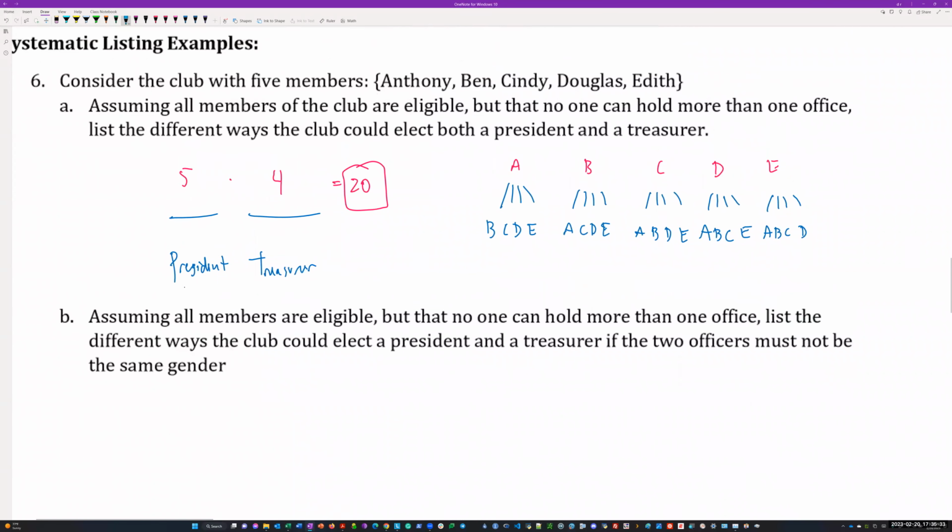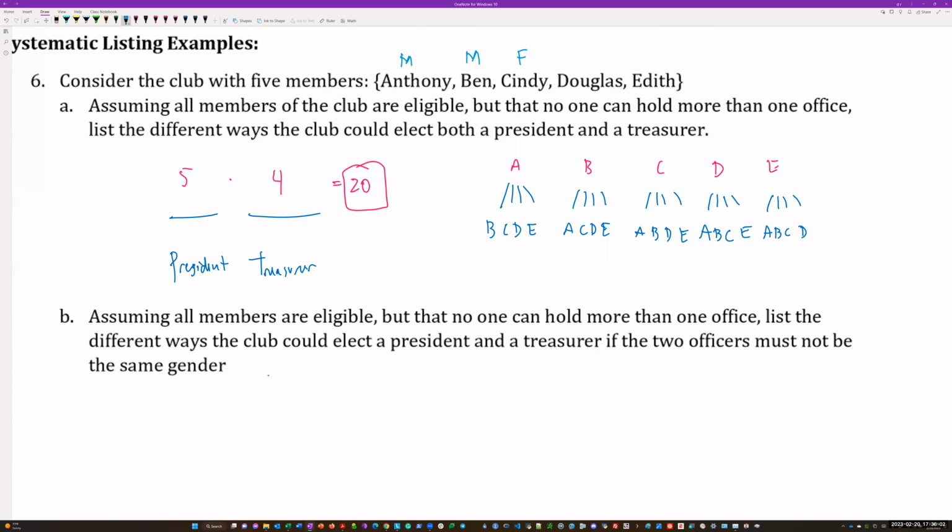Assuming all members are eligible, but that no one can hold more than one office. List the different ways. So I actually did just list all the ways also here, if you think about it. All right. List the different ways that the club could elect a president and a treasurer if the two officers must not be the same gender. All right, gender. Let's assume this is male, female.